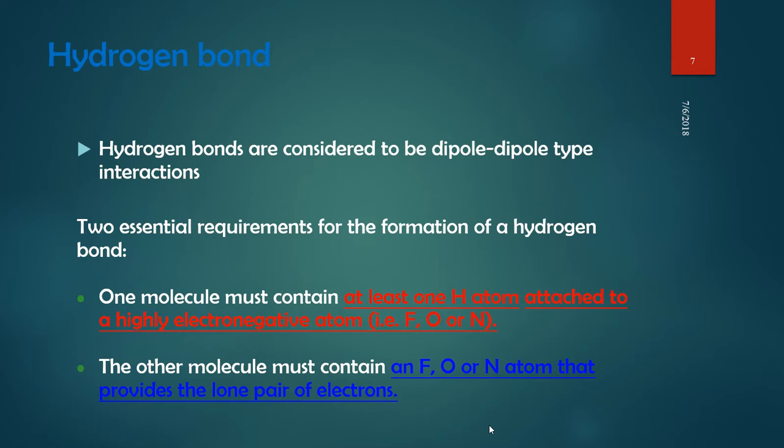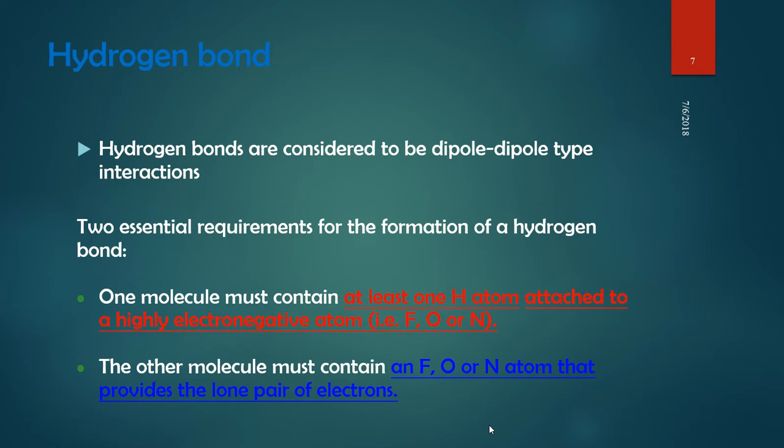So let's see the intermolecular force that arises from hydrogen bonding. It is the interaction of polar molecules between hydrogen and an electronegative atom. There are two essential requirements for the formation of a hydrogen bond.